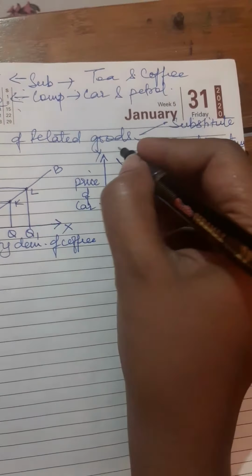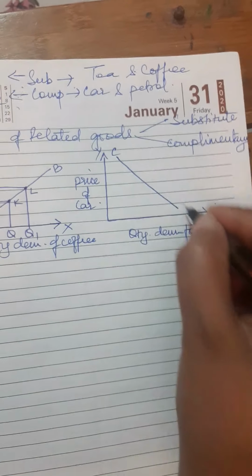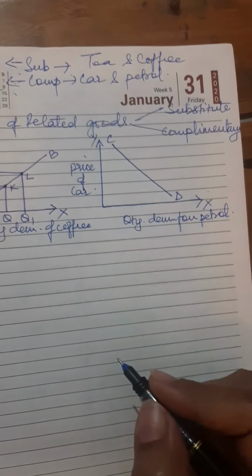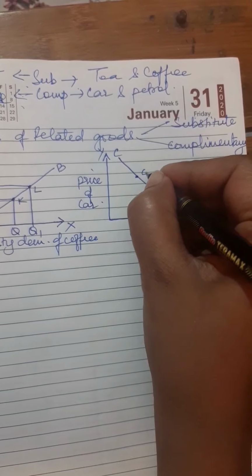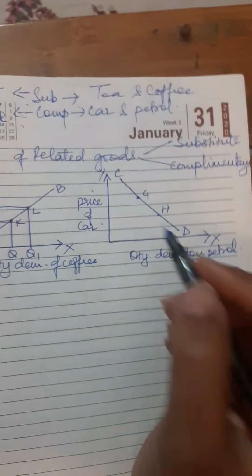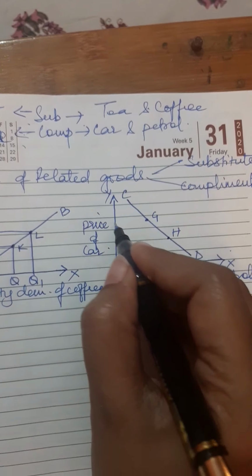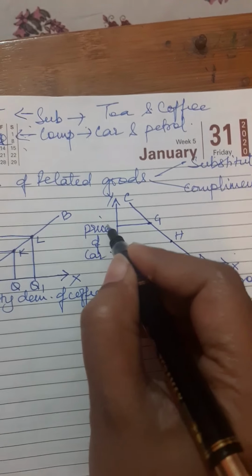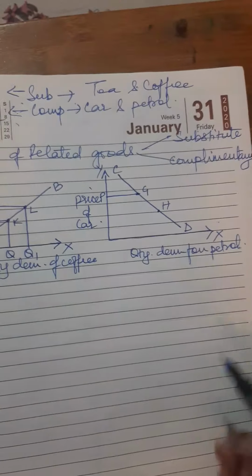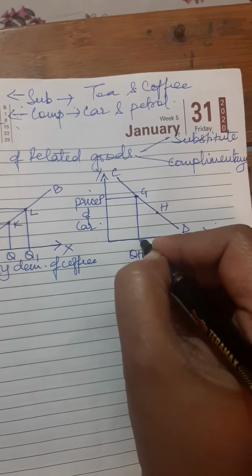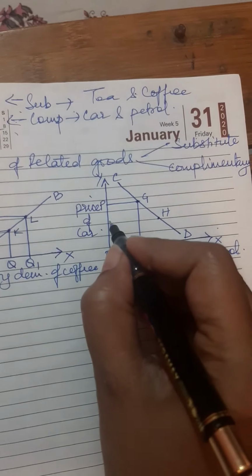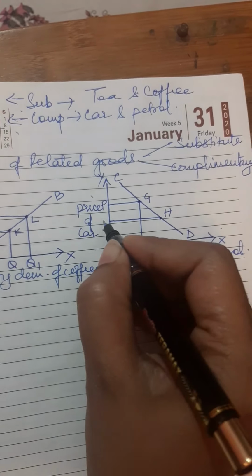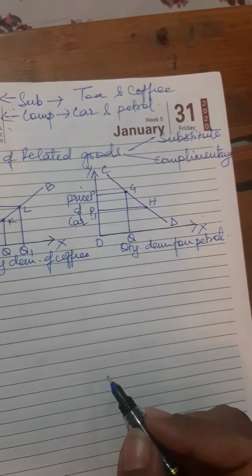So here let's name it as CD, and let's take up any 2 points, let's say G and H out here, and let's check the inverse relationship. Let's say the price of car is OP. So at that price, the quantity demanded is OQ. Now the price of car falls from OP to OP1.